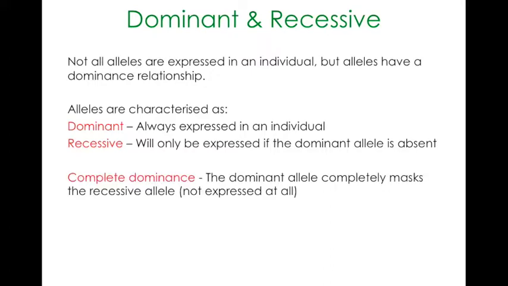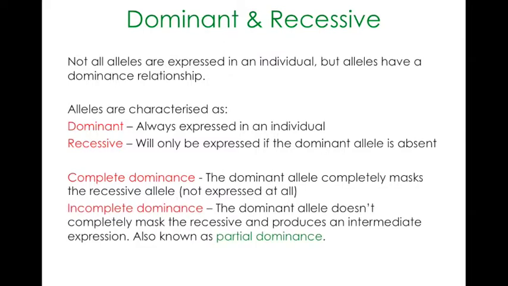Okay, and there are three particular types of dominance. The first one is called complete dominance, where the dominant allele will completely mask the recessive allele, which means only one of those genes is expressed and the other one isn't expressed at all. The recessive allele doesn't get expressed at all unless the dominant allele is absent. There is incomplete dominance, which means the dominant allele doesn't completely mask it, and it produces this kind of intermediate expression.